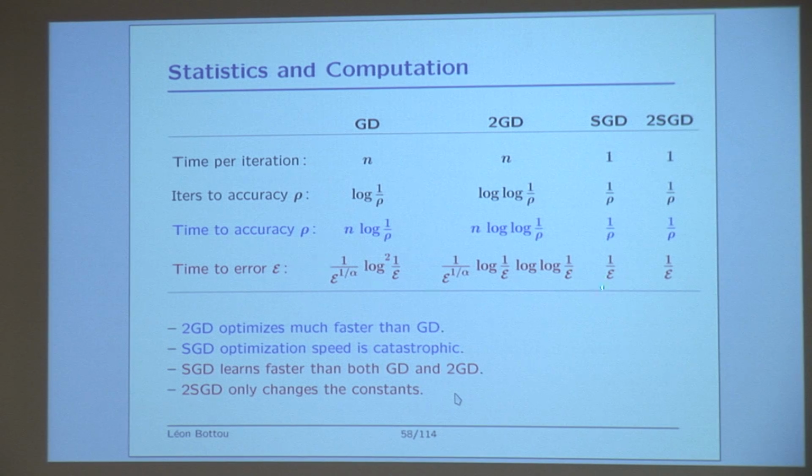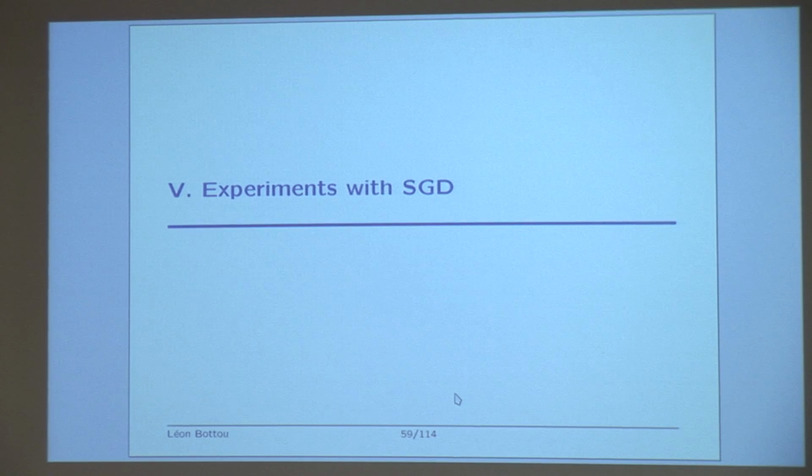And the stochastic gradient descent, well, not only is it nice because it doesn't have the log terms, but it doesn't have the 1 over alpha. So basically, under the conditions where we use the stochastic gradient descent, we have something that's equivalent to one of these fast rates of convergence. So basically, it seems to learn faster. Now, the question is, is it true?